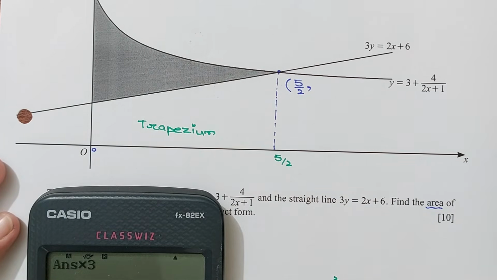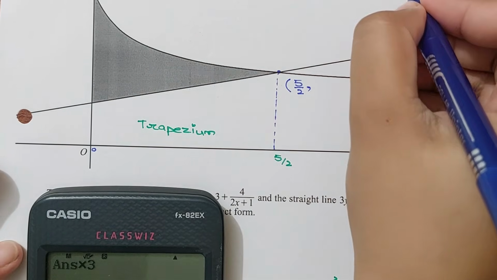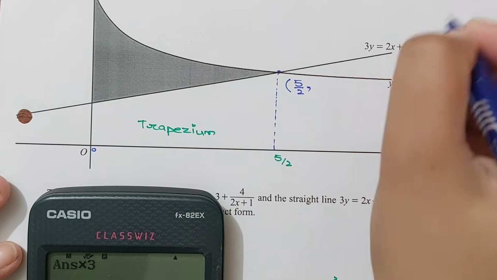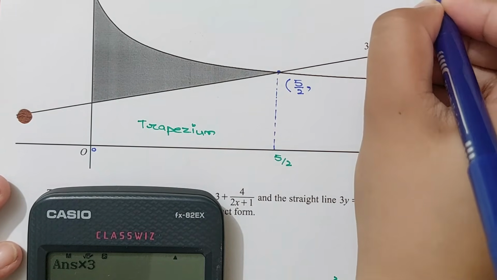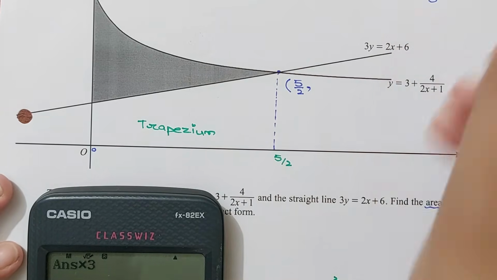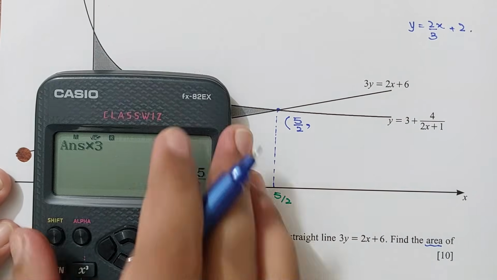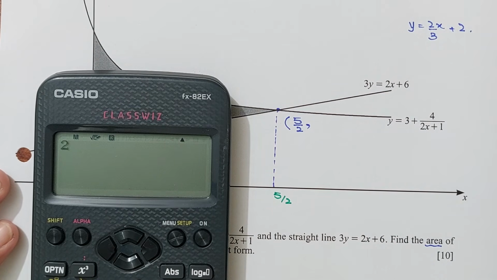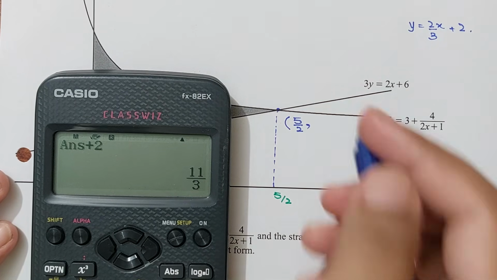So if I substitute into the curve, y would be equal to 2/3 x plus 2, right? x is 5/2, right? So we can say 2/3 multiplied by 5/2, plus 2, so this is 11/3.